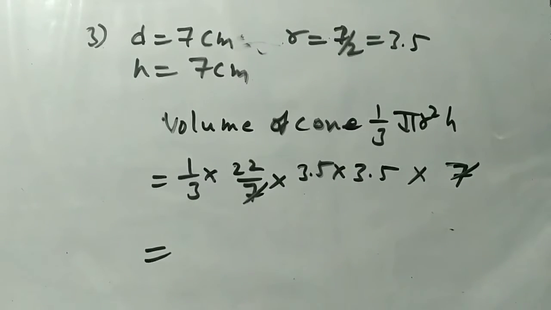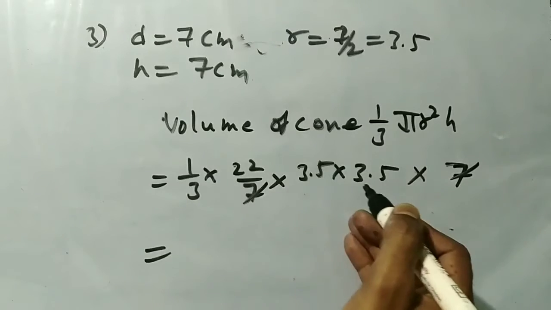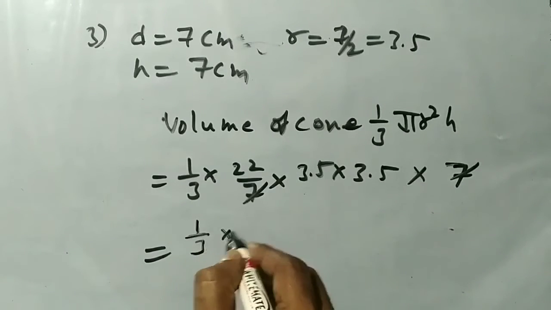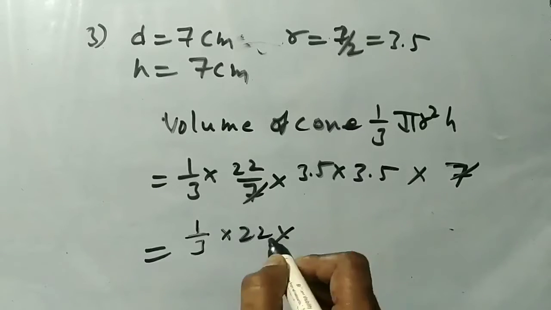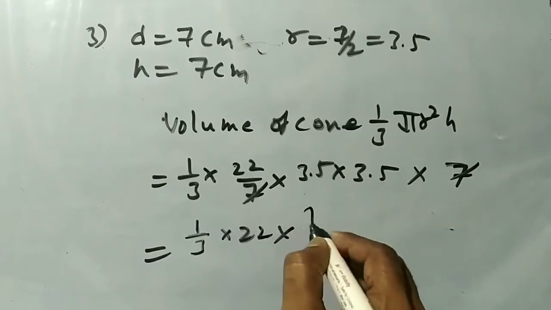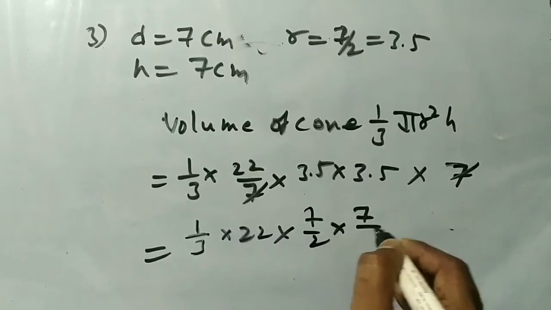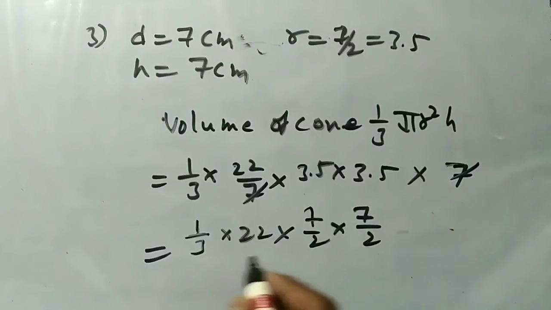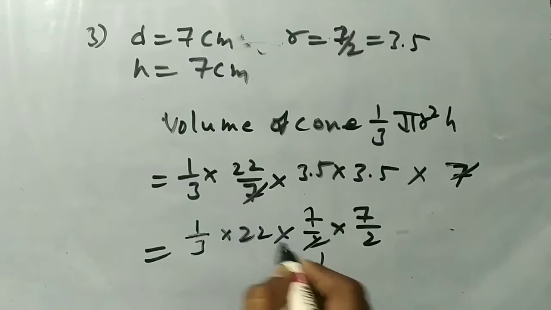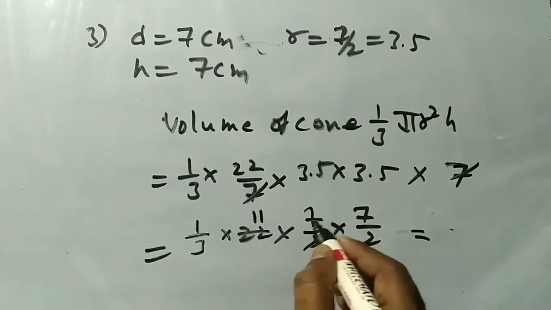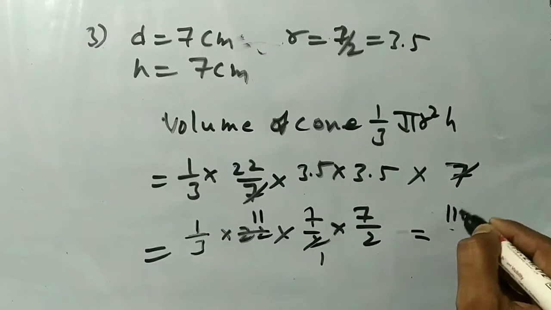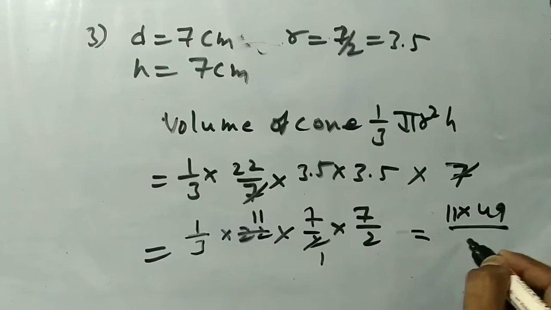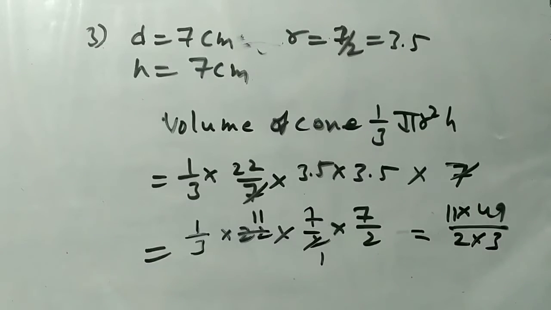Let's write 3.5 as 7 by 2 for easy calculation. Here 1 by 3 into 22 by 7 into 7 by 2 into 7 by 2, so we get 11 into 49 by 2 into 3.